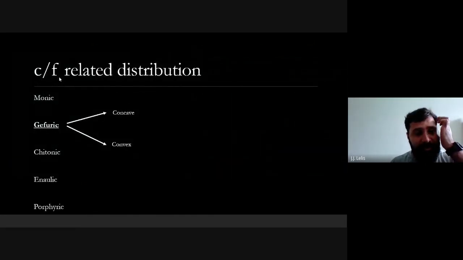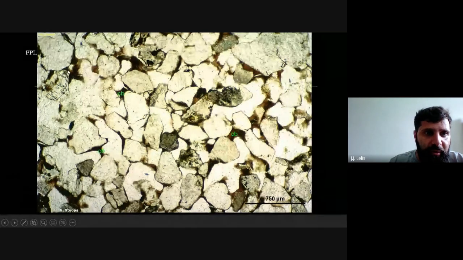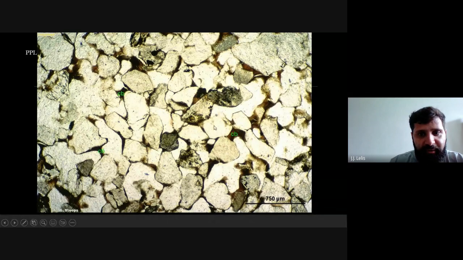We also have the gefuric CF ratio. The gefuric CF ratio could be concave or convex because they are organizations that express coarse grains like these ones that are linked by a clay coating, like in these cases. So you can see here a coarse grain, here another coarse grain, and between them I can see a clay coating linking them both.